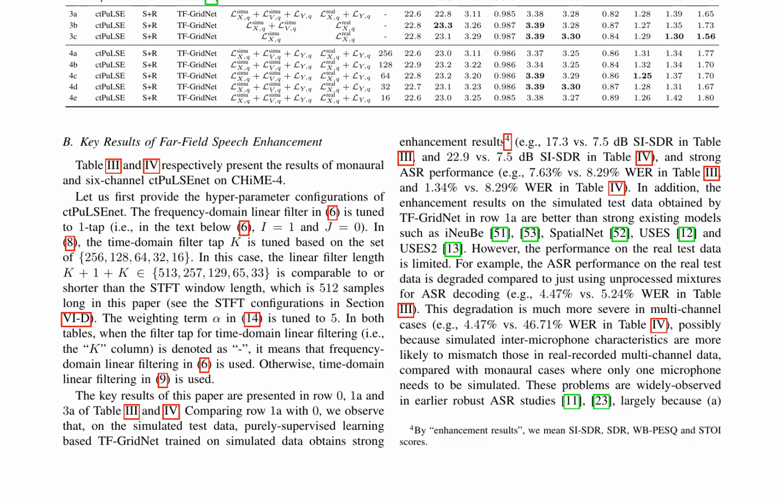However, the performance on the real test data is limited, with the ArXiv performance on the real test data being degraded compared to just using unprocessed mixtures for ArXiv decoding. This degradation is more severe in multi-channel cases, possibly due to the mismatch between simulated and real inter-microphone characteristics.